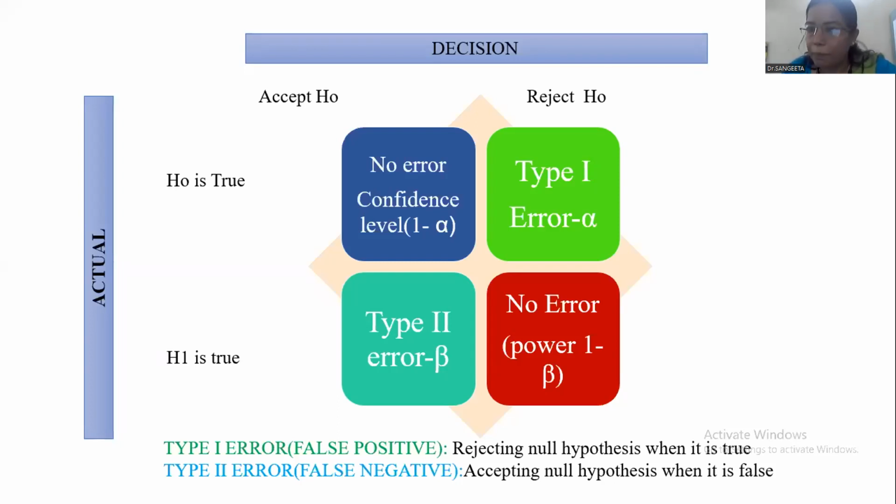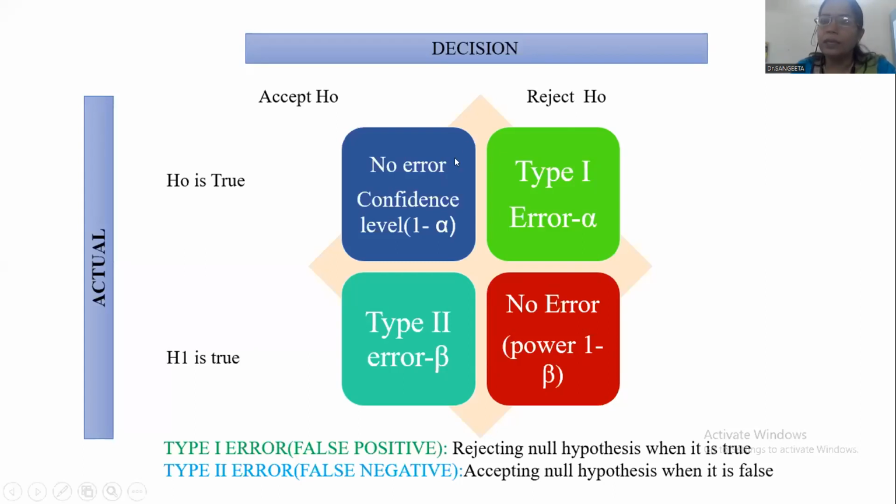So what can happen? I can get a result like, yes, drug A is better than drug B. I am rejecting the null hypothesis which says both are the same. So my result is right.